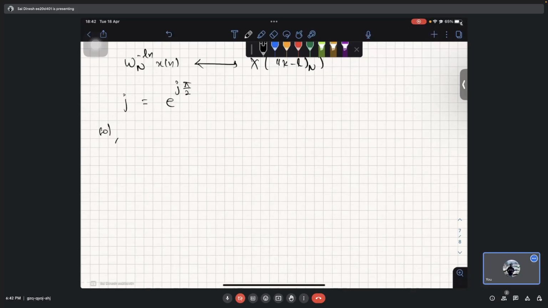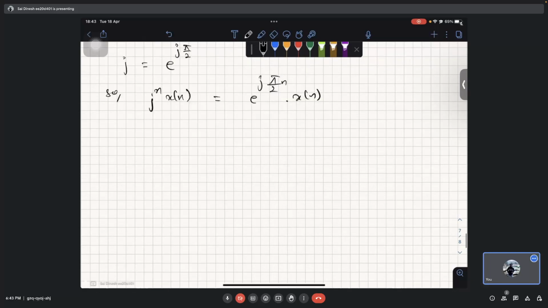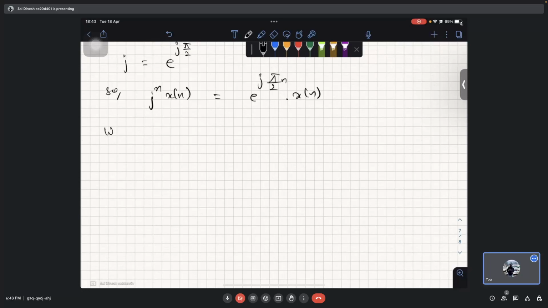So j power n times x of n is equal to e power j pi by 2 n times x of n, right? But N equal to 4.